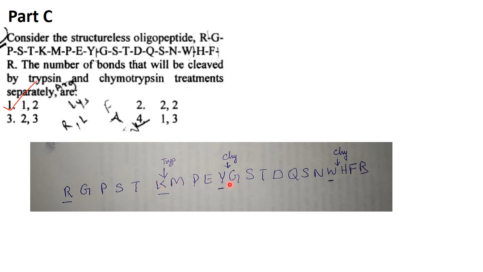Then chymotrypsin has got two sites. One is next to between Y and G, and the other is between W and H. So chymotrypsin will cleave there. They have asked for cleavage by trypsin and chymotrypsin treatment separately. So trypsin will cleave one and chymotrypsin will cleave at two places. So the answer here is option 1, 1 and 2.